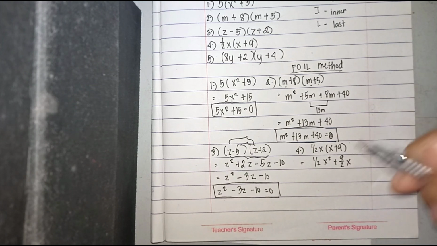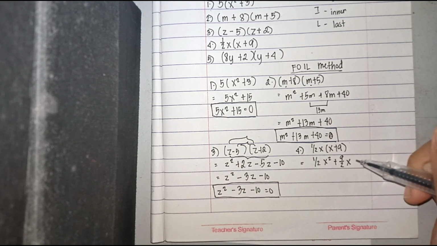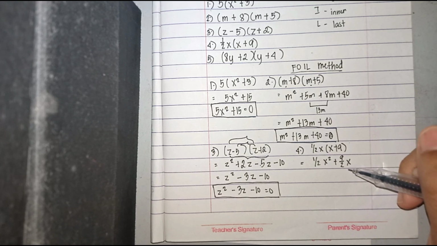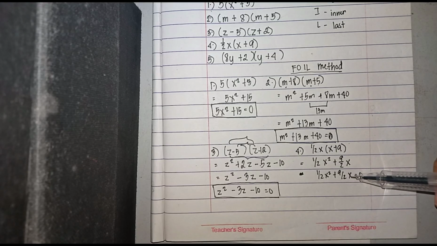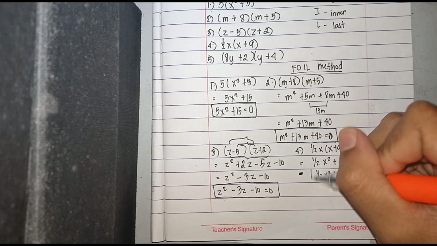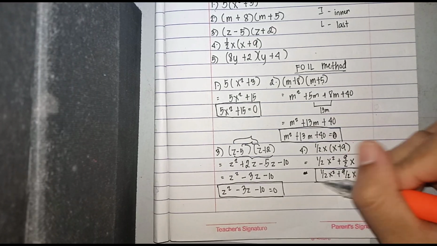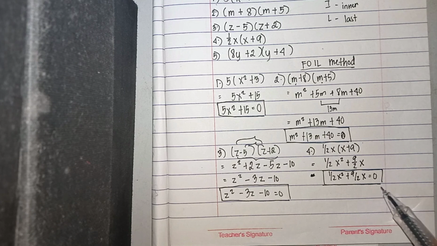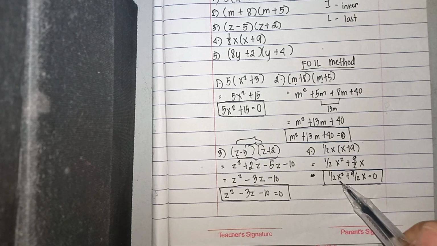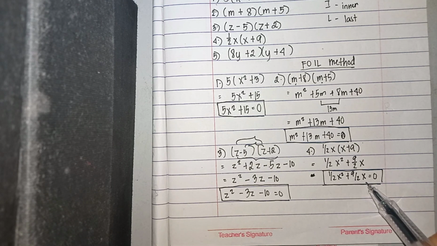This is our final answer because there is no common factor between 9 and 2, so we can't divide 9 by 2. We also can't add 1/2 x squared to 9/2 x because they have different variables, even though their denominators are the same.